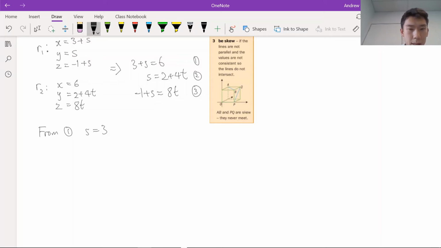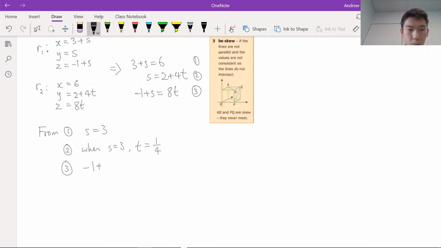And then from 2, if we sub in s equals 3, when s equals 3, t equals 3 take away 2, divided by 4, which is 1 quarter. And then from 3, let's use our two values.